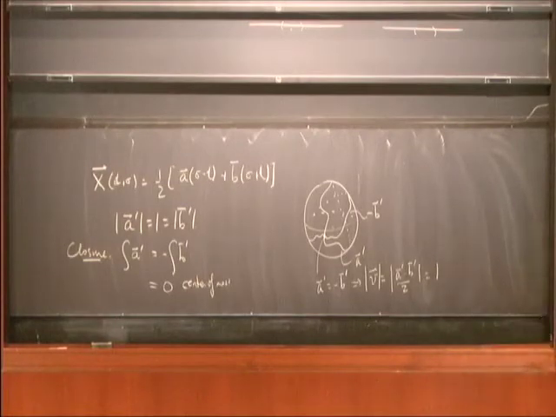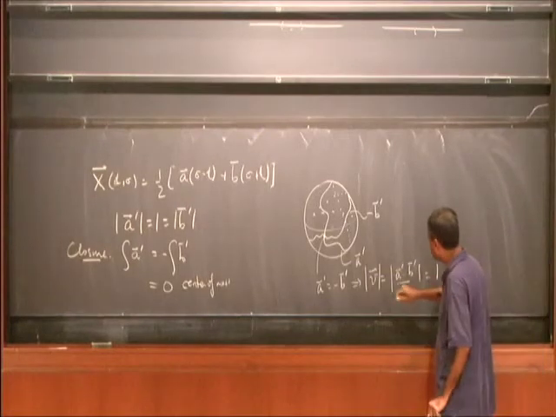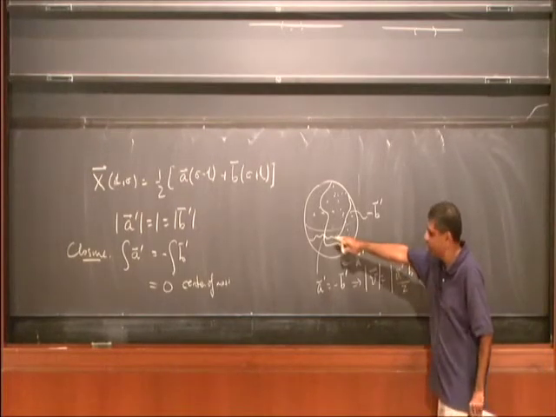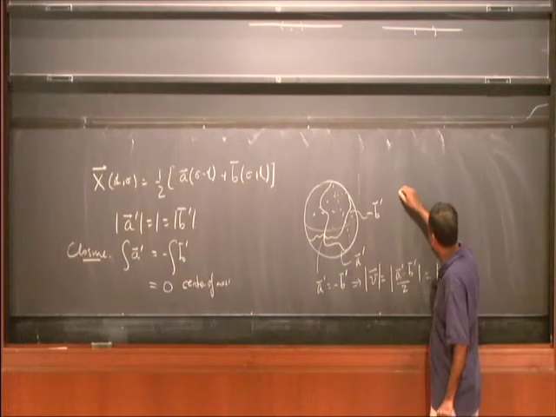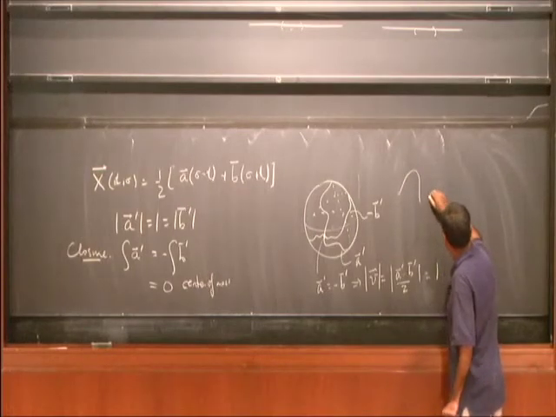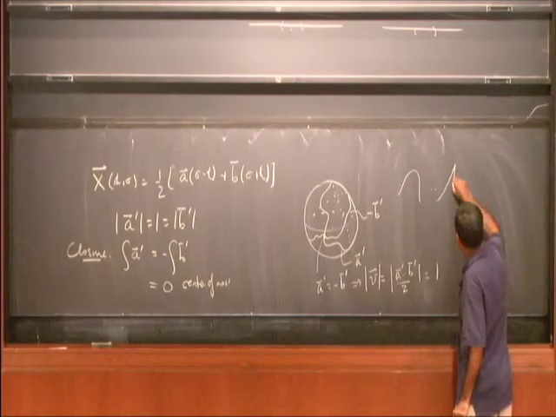So if you generically take two paths on the sphere, they intersect, and at that point, the string has velocity 1. You can Taylor expand around this point, and you find that a string goes like this, and then it evolves, and then it becomes like this.